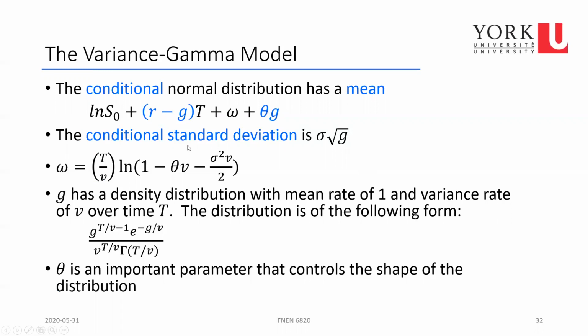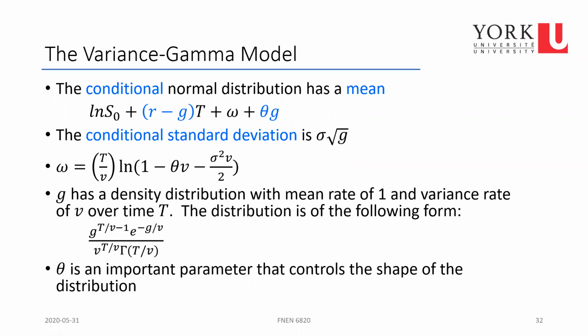Now, the conditional standard deviation would be sigma times the square root of g. Now g is taken out of a gamma distribution from here. Then you will see that this theta parameter is very important.